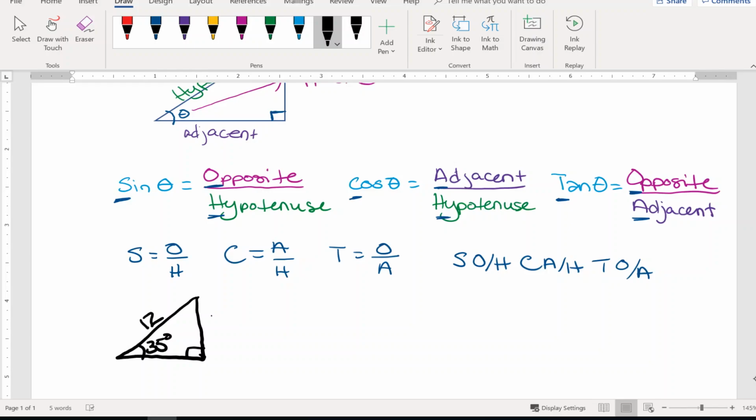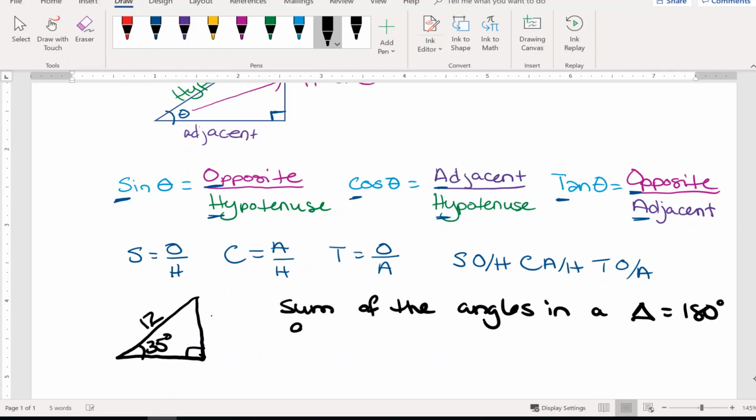We can already get this angle, as we know that the sum of the angles in a triangle equals 180 degrees.